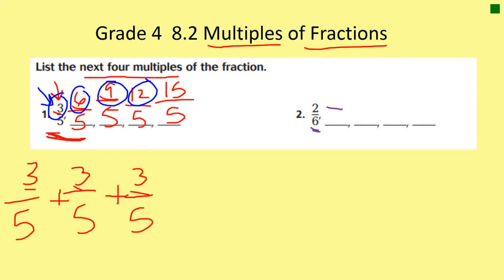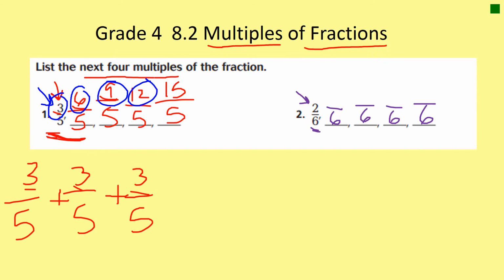Oh, number 2 is even better. 6 is going to be the denominator the whole time, okay, because we're not changing how many pieces make the whole. But let's look at the 2. We are going to find the multiples of 2.